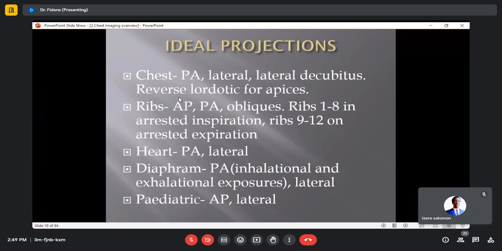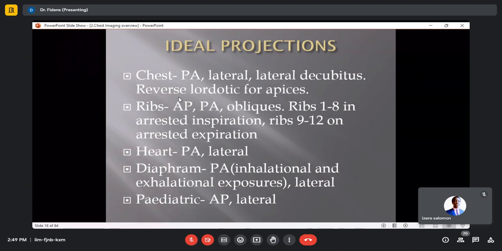For the heart, I told you we normally do a posterior view for the reasons I have told you, and the lateral view, because on the posterior view we can only see the right atrium and the left ventricle. In the lateral view, we are able to see the right ventricle and the left atrium.